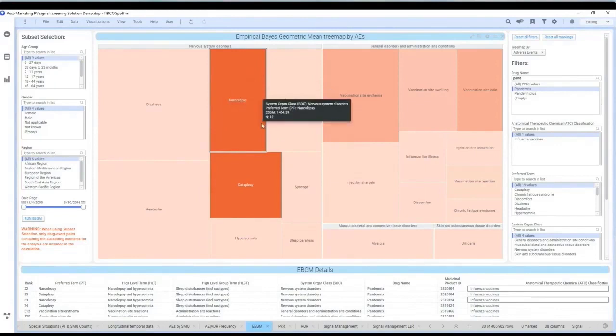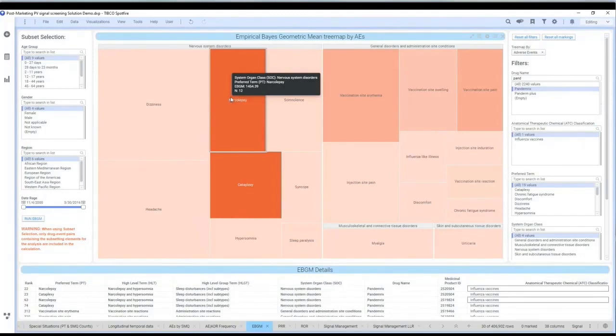As you can see in here, in the EBGM signal detection, we found that, yes, this is actually a signal. Although there are only 12 reports collected in this database, it's generating a really high EBGM score, showing that something happened more frequently than it's supposed to.